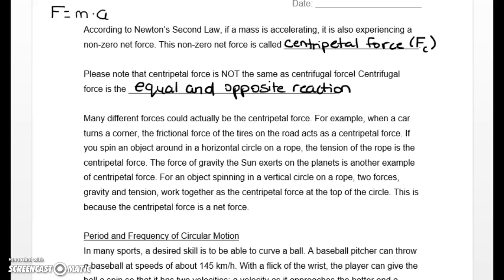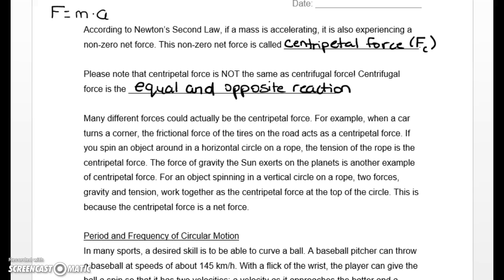So many different forces could actually be the centripetal force. For example, when a car turns a corner, the frictional force of the tires on the road acts as a centripetal force. If you spin an object around in a horizontal circle on a rope, the tension of the rope is the centripetal force. Another example, the force of gravity the sun exerts on the planets is another example of centripetal force.